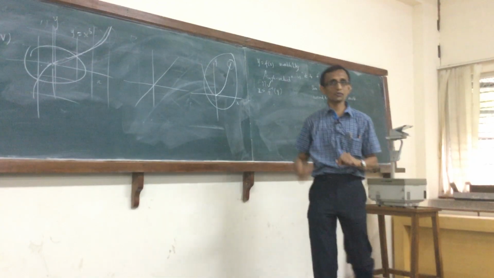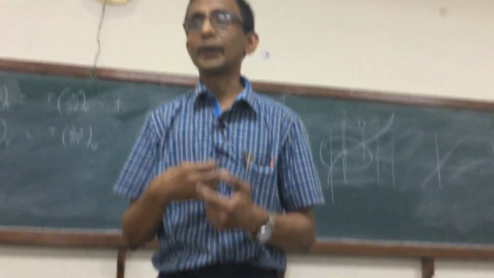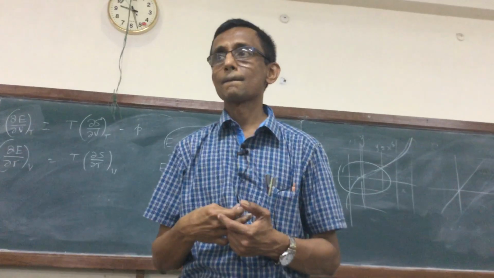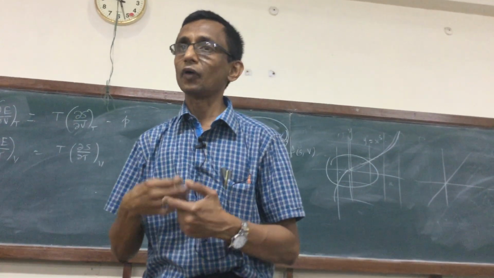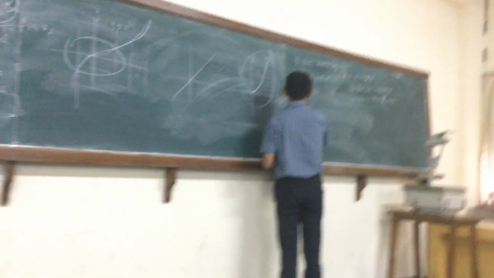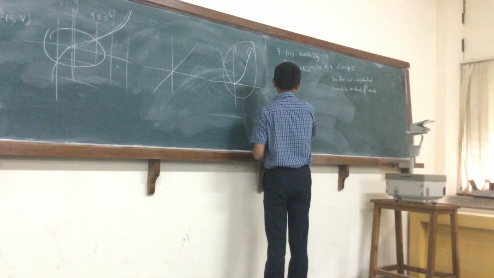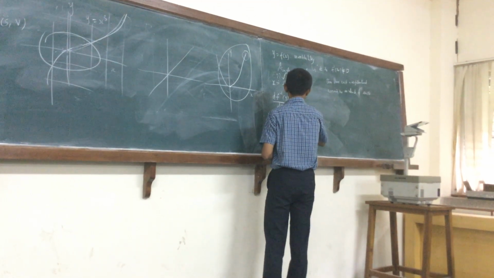The inverse function theorem further says that it also gives a formula for the derivative of the inverse function. In fact, it says that d f inverse of y by dy is equal to 1 over f prime of x.